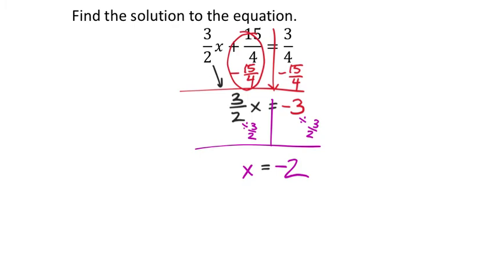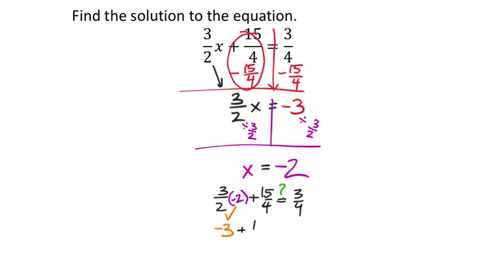Now that I got x equals negative 2, let's go back to the original equation, 3/2 x plus 15/4. This should equal, if we've done this right, 3/4. So I'm replacing the x with negative 2 here, and all I'm doing is checking for truthfulness. So there's my question mark. 3/2 times negative 2, well, that's just what we expected there with the negative 3, right?